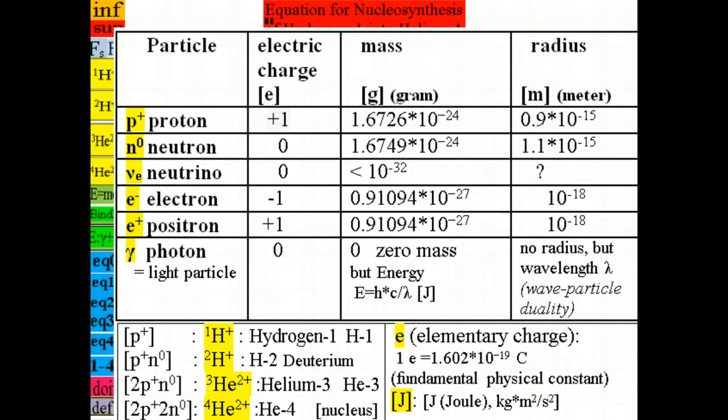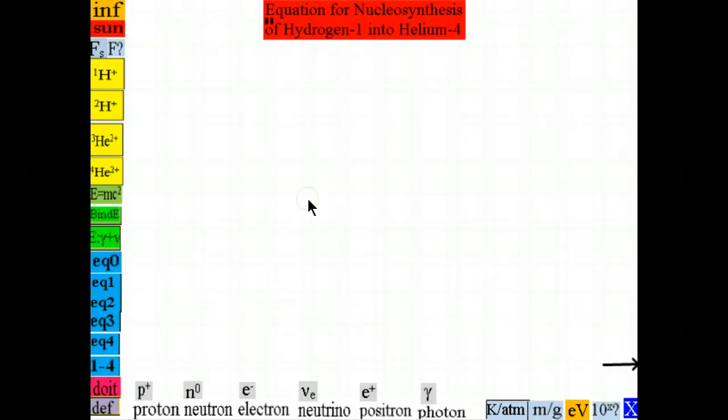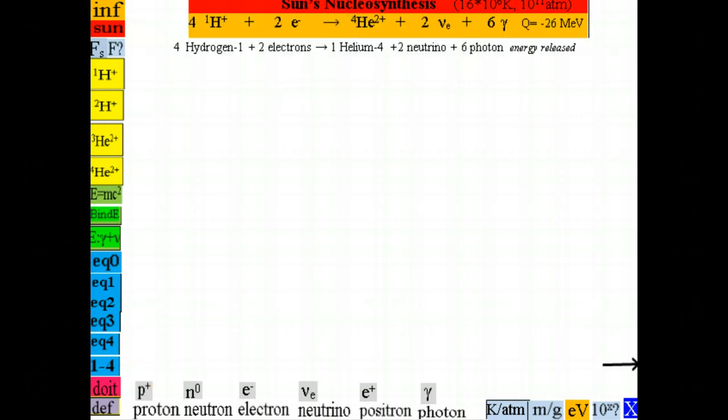We also spent some time on explaining what hydrogen 1 is and what hydrogen 2 is, helium 3 and helium 4. Left click that table to make it disappear and double left click on equation for nucleosynthesis.